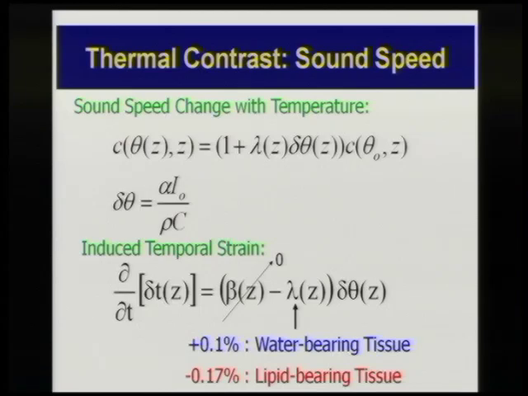This is very simplified. I do not want to go over the mathematics here, but the sound speed is a function of the temperature change, and the temperature is proportional to the absorption, the input energy, the heat capacity, and the density.